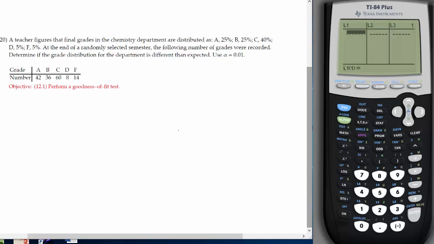The expected grades are what's listed in the problem. 25% of them are A, 25% are B, 40% are C, 5% are D, and 5% are F. So here's how we list the null and alternative hypothesis. H0 always is the distribution is as expected.